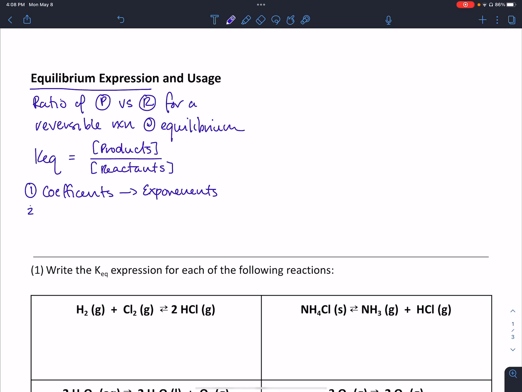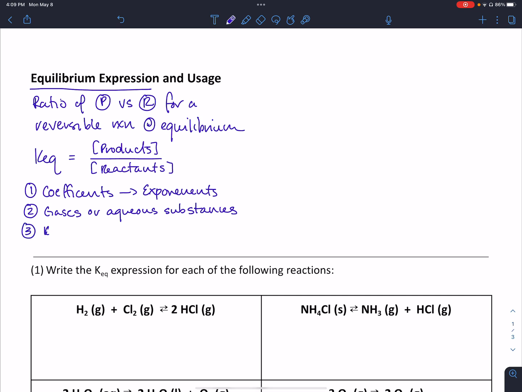The second requirement, you can only include compounds that are gases or aqueous, in other words, a solution, when putting together our Keq expression. The reason for that is when we have liquids and solids, when they change forming reactants or products, their overall concentration remains the same. So we don't include those in our Keq expressions.